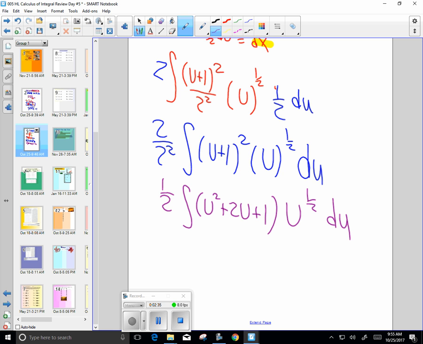And I'm going to take a little time, and I'm going to multiply those out. I'm going to go 1/2 integral of u squared times u to the 1/2, plus 2u times u to the 1/2, plus 1 times u to the 1/2 du.